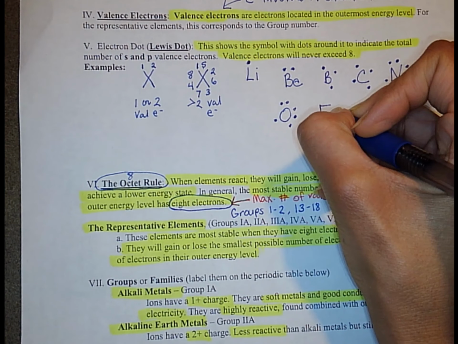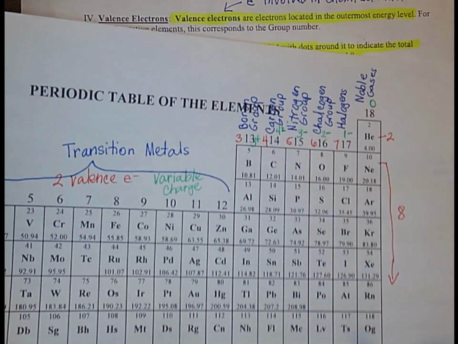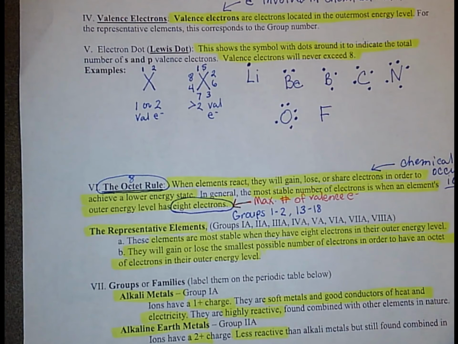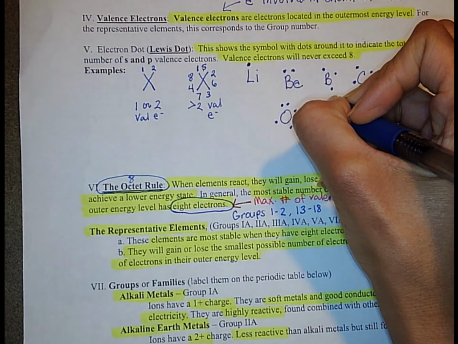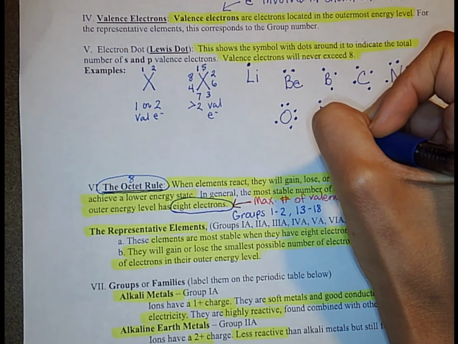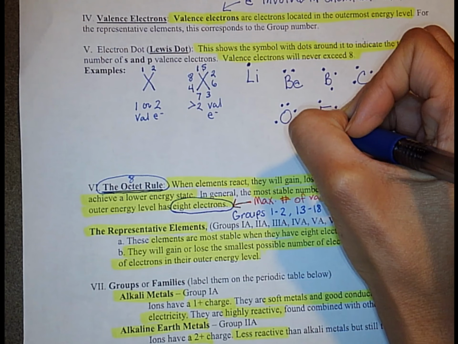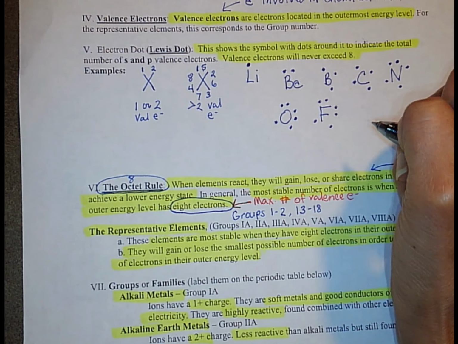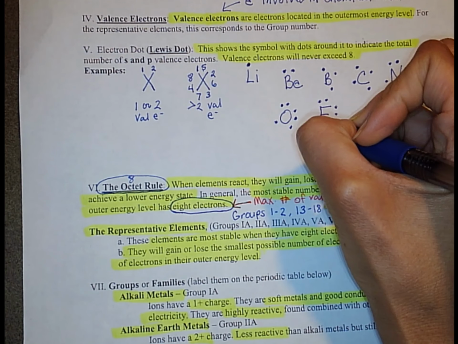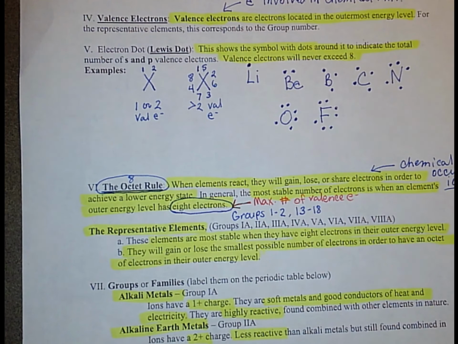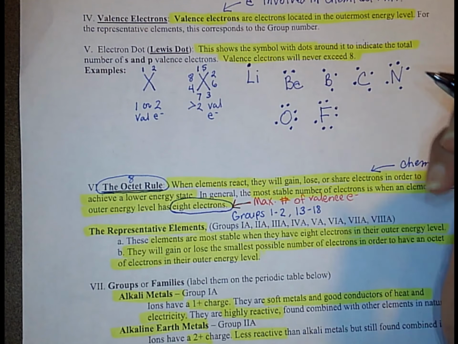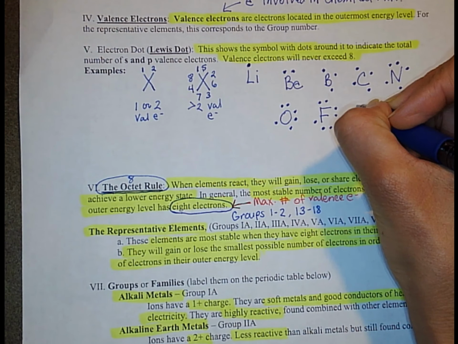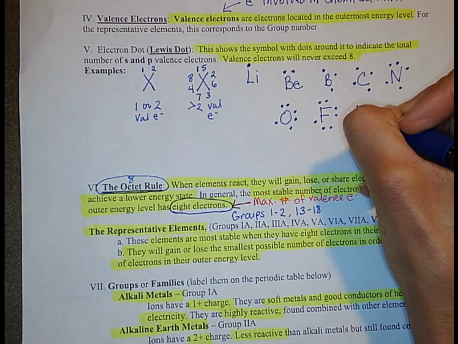Fluorine is the next one. Fluorine has 7 valence electrons. It is a halogen. So we're going to draw our 7 valence electrons. 1, 2, 3, 4, 5, 6, and then 7. It's going to be right there. And then we have here neon.